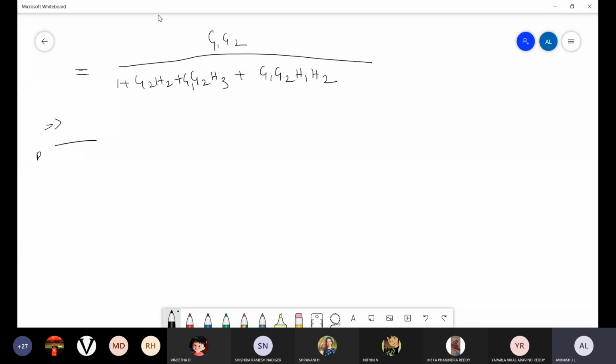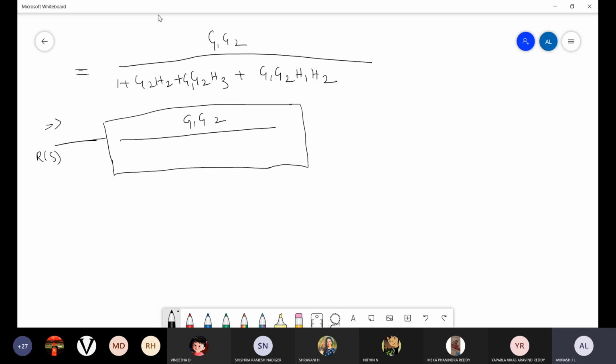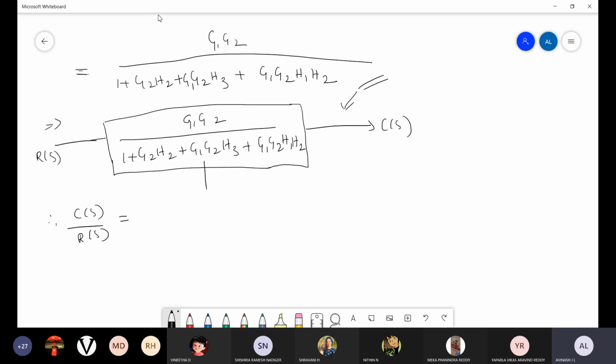That implies R of S is moving to the block G1 G2 divided by 1 plus G2 H2 plus G1 G2 H3 plus G1 G2 H1 H2, giving C of S. This is very, very important. Once you've done this, you don't leave at this point; go for this step and then write, therefore, C of S divided by R of S is equal to this expression.